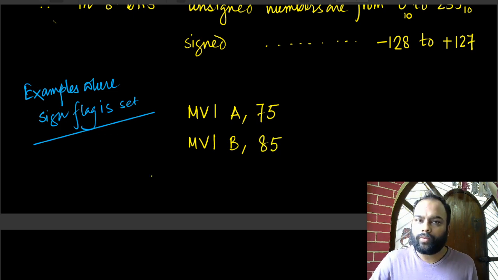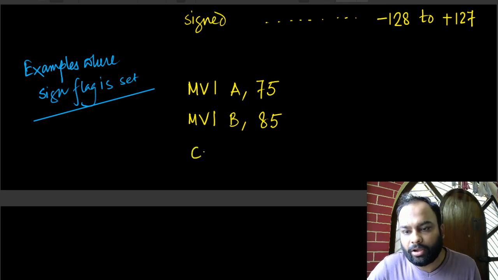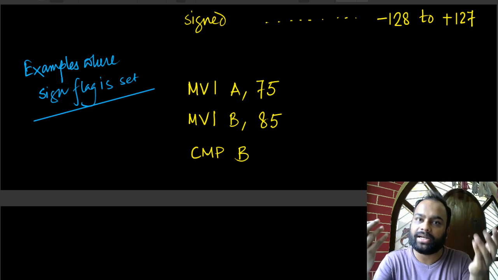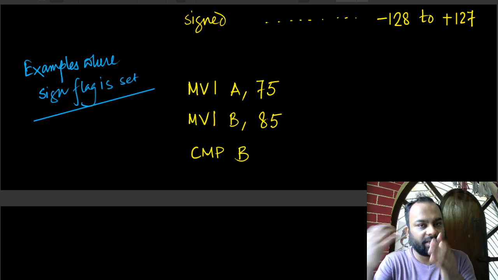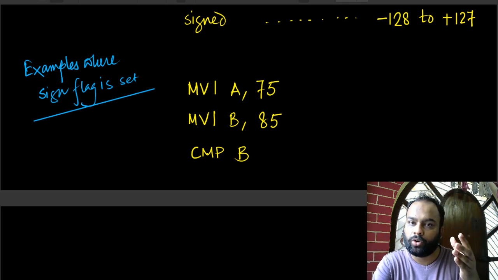understandably of course B is larger than A, right? Now if I compare these two numbers, if I say CMP B, what happens? The number stored in register B is compared with register A by means of an internal subtraction. Internally, it subtracts the content of register B from that of register A and figures out whether the result is 0 or not.